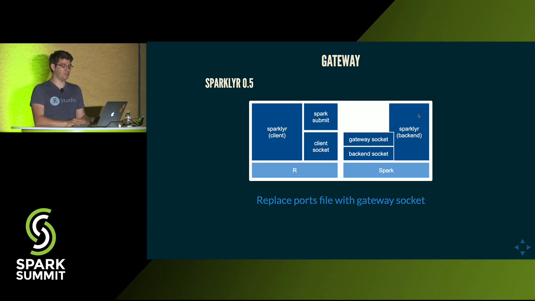With this approach, we simplified the ports files. It definitely made our life easier troubleshooting customer connections. It's also a change that enables us to support more modes. We haven't got to it yet, but this change would allow us to support things like YARN cluster, which is currently not supported on SparkR and neither on Sparklyr, to my knowledge.